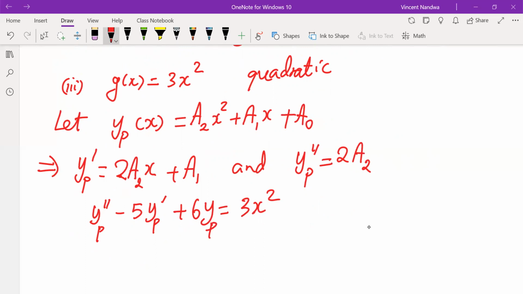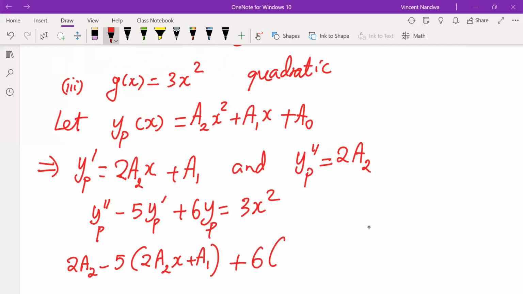Replacing, we get 2a2 minus 5 times 2a2x plus a1, plus 6 times a2x squared plus a1x plus a naught, which should give us 3x squared.